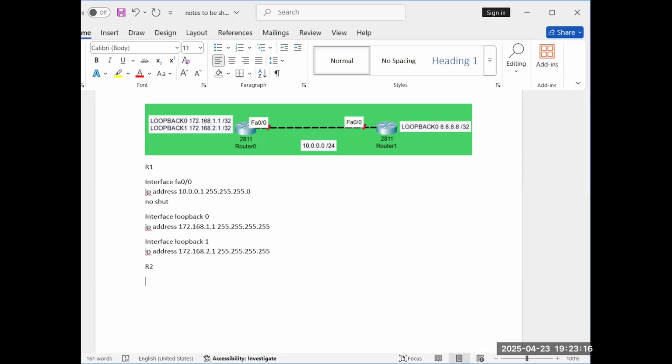R2 now. Can you mention what loopback means? Loopback is a logical interface which can be configured in the router for testing purposes.